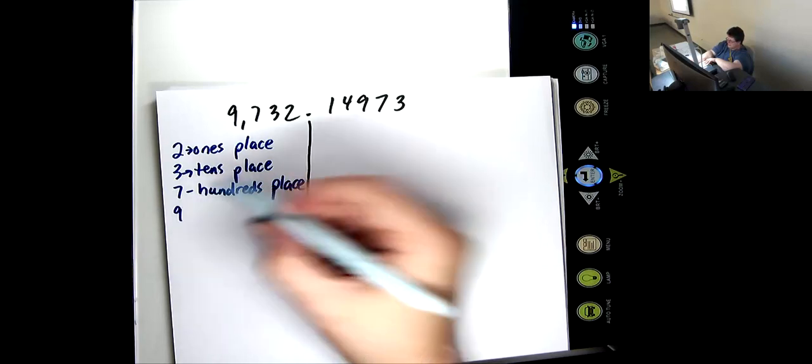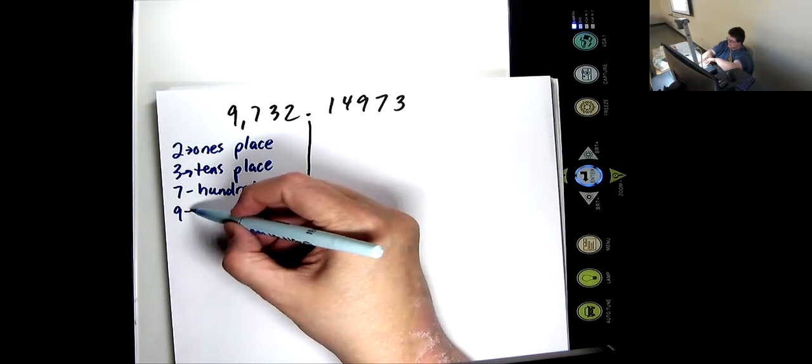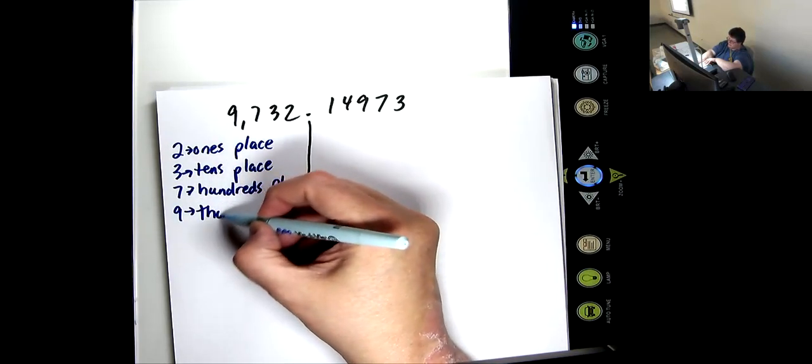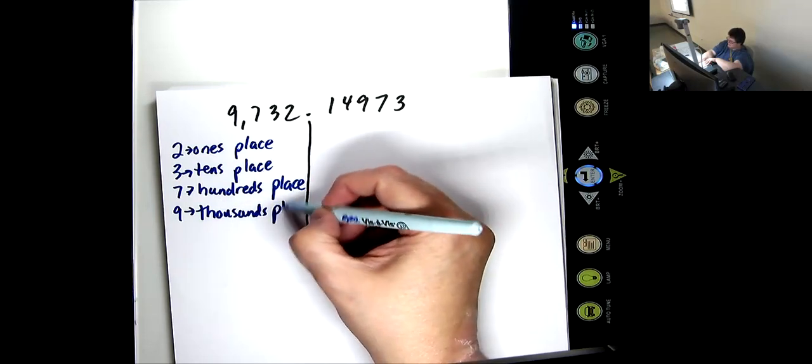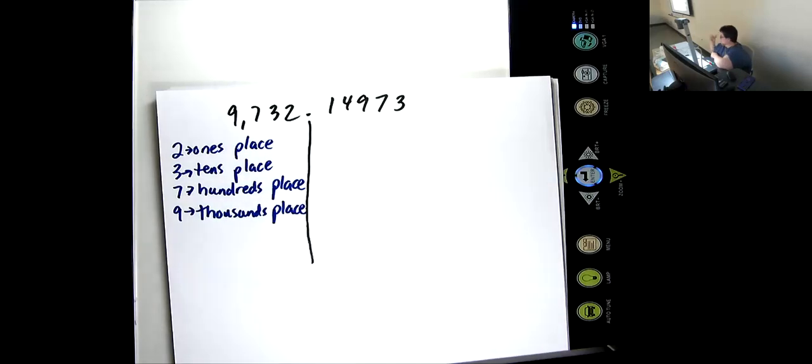The 9 is the thousands place. There's no reason it's gonna get bigger than that for you. The reason why I do those is because the numbers on the right of the decimal follow a very similar pattern.